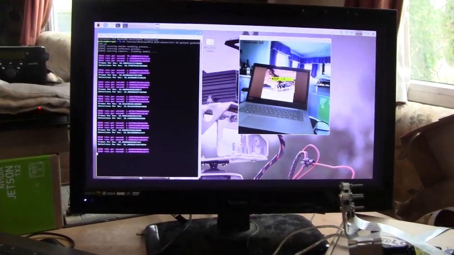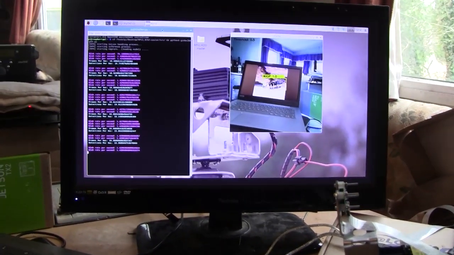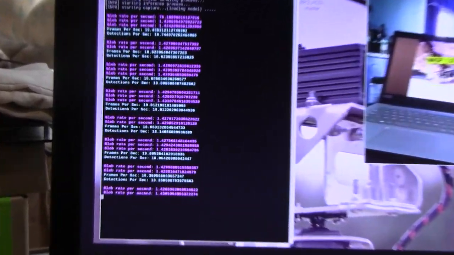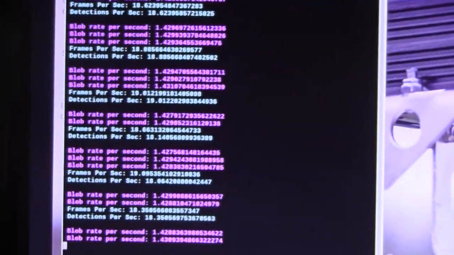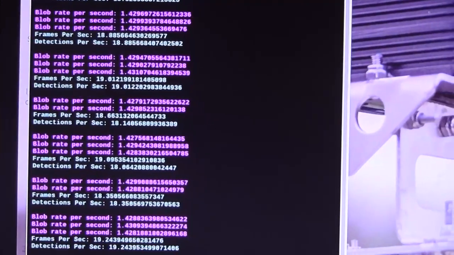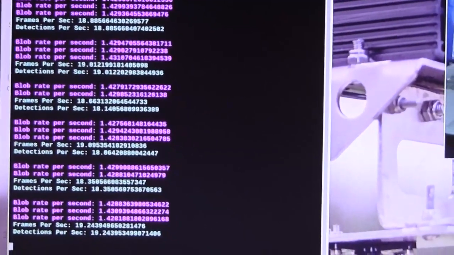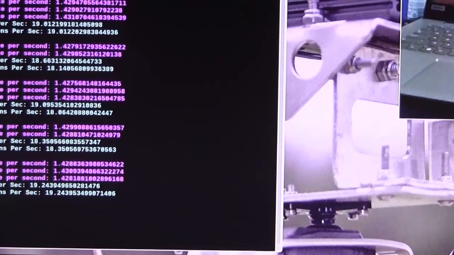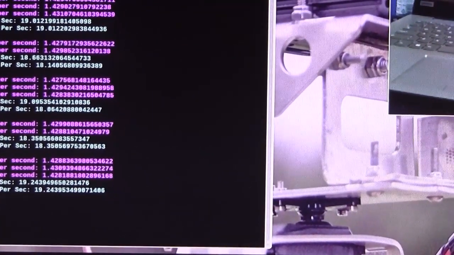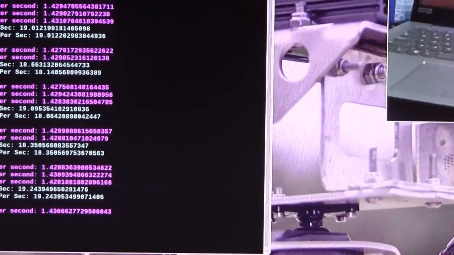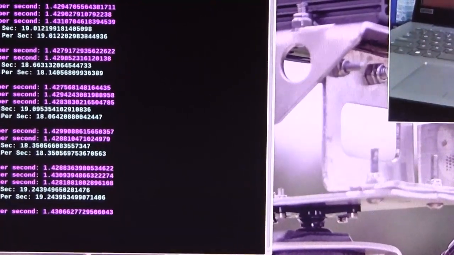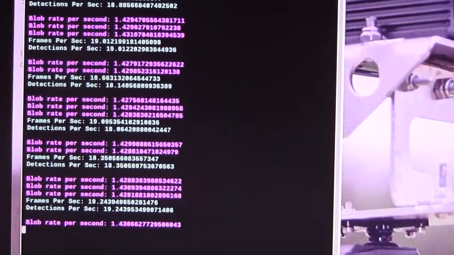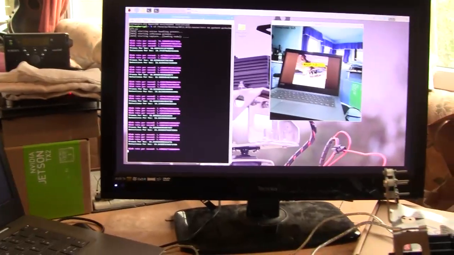So the critical data here is the blob rate, which is the inference blob. I've got frames per second displayed there and detections per second, but it's not really that critical because those values are a lot higher than the inference blob rate, so not really relevant for this demonstration.